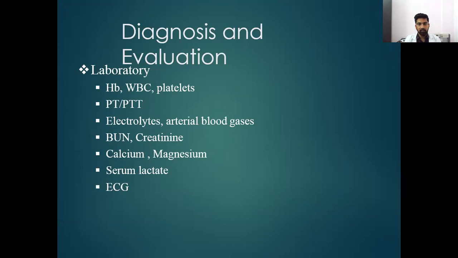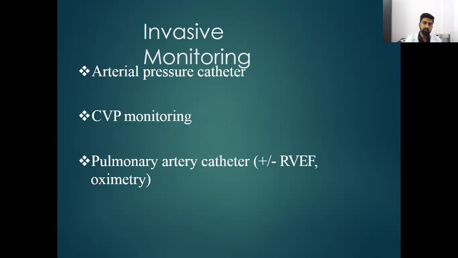Electrolytes and arterial blood gases will show variation, creatinine is increased, and calcium and magnesium levels are changed. ECG shows ST elevation, QRS complex and various other abnormalities, and bundle block. Serum lactate levels will be increased. Invasive monitoring: arterial pressure catheter, central venous pressure monitoring, pulmonary artery catheter, oximetry.